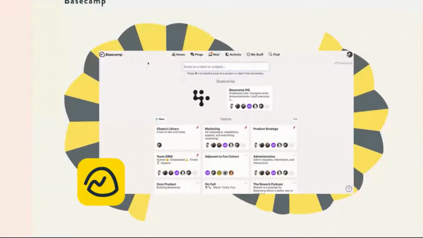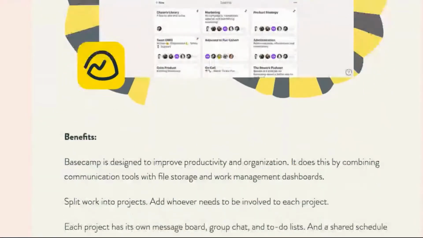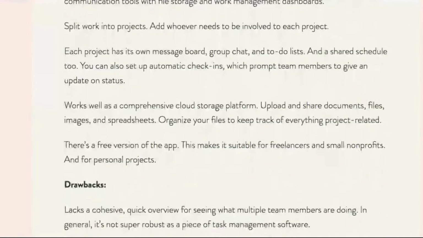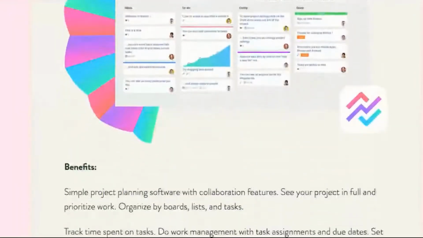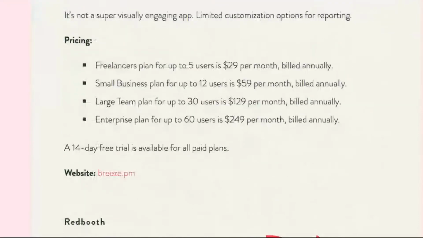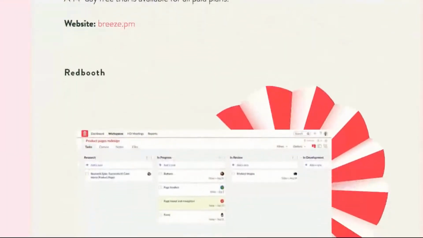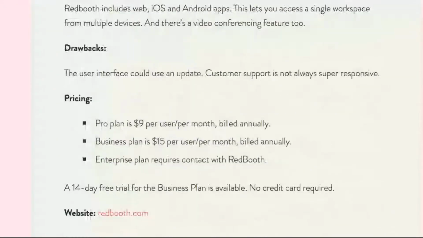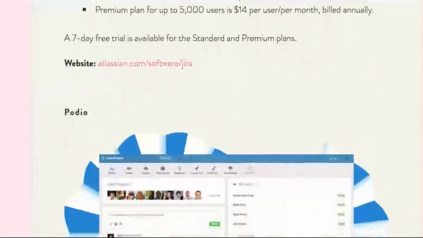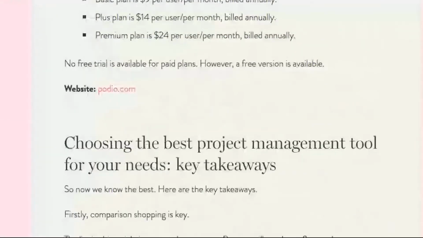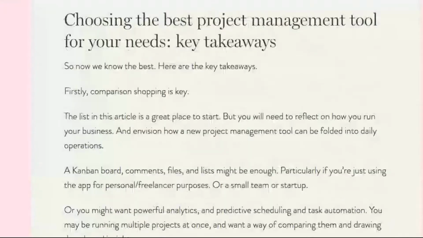Basecamp. Basecamp is one of the older ones that has been around for a long while. Basecamp is used quite often by advertising agencies. Breeze is one of the new ones. I don't really know anything about Breeze. Redbooth, I don't really know anything about Redbooth. Jira. Some of these I don't really know, but they all work. Podio, they all work on the same benefit.